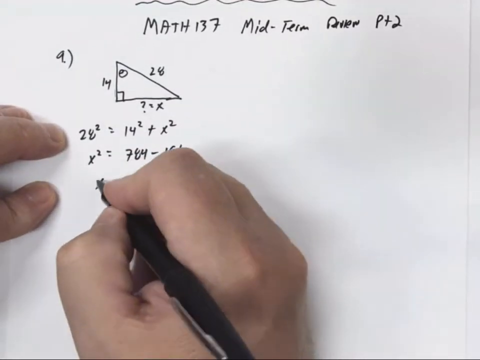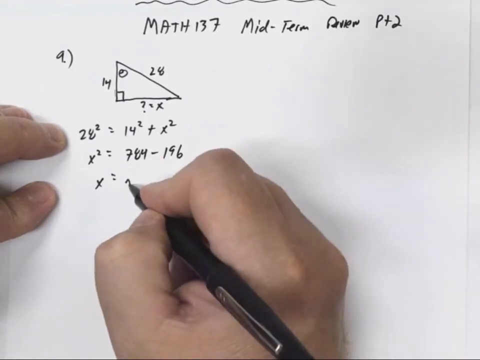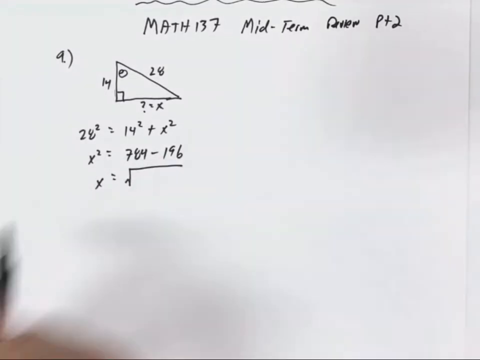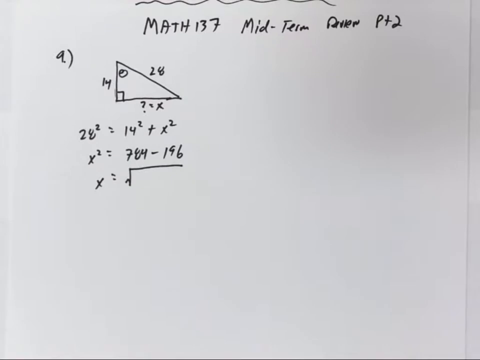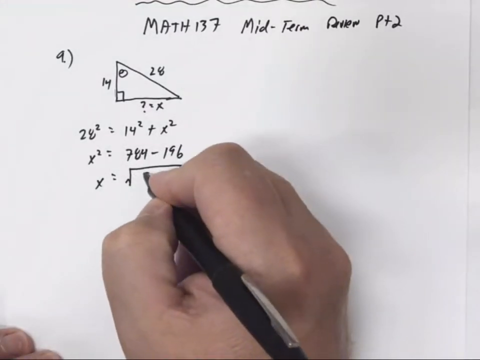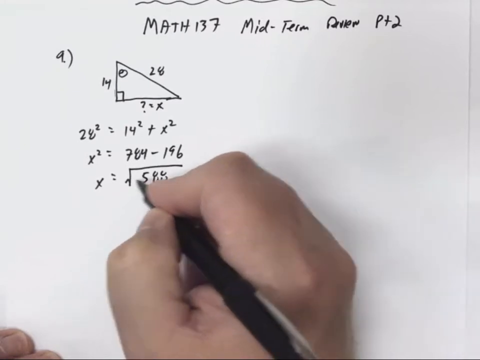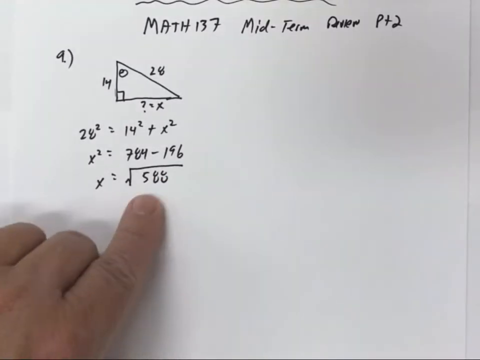So now if I want x, I have to take the square root. 784 minus 196, this is 588. I need to see if this simplifies.